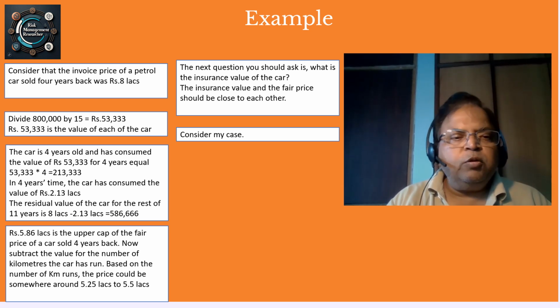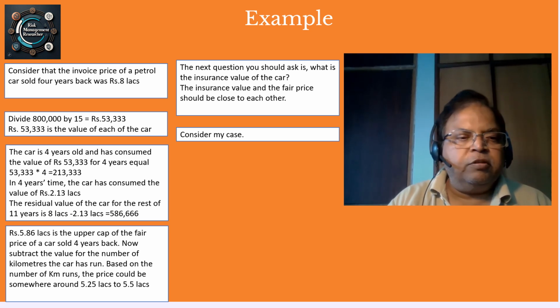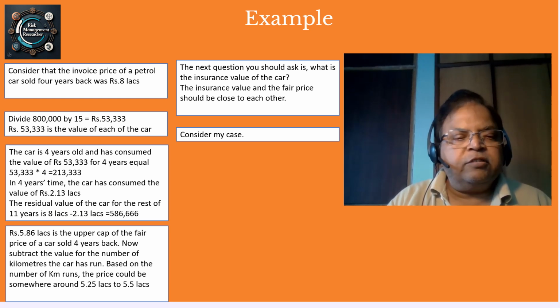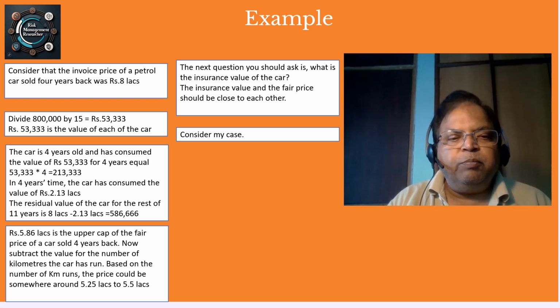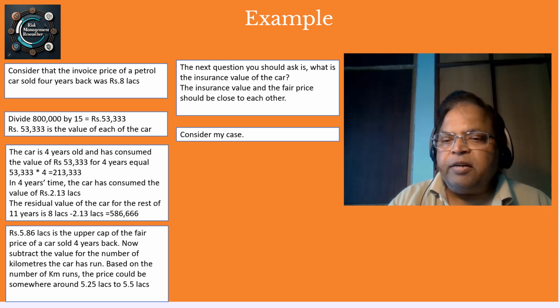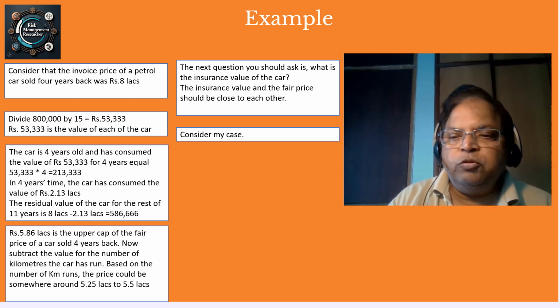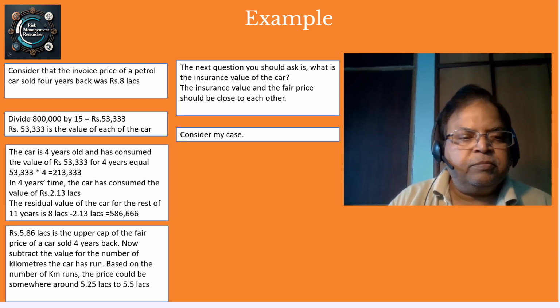So what is the residual value of this 8 lakh car which was sold 4 years back, for the remaining 11 years? Subtract 2.13 lakhs from the 8 lakhs. The value comes out to be 5.86 lakhs. So this is the starting point. This is the upper cap of a fair price of a used car sold 4 years back that has a price of 8 lakhs.